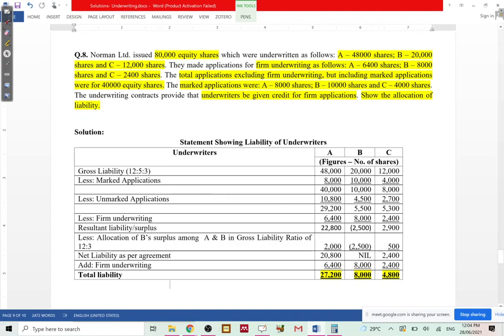That's why we minus it individually from their liability instead of mixing it all up with the unmarked applications and then redistributing in the gross liability ratio. Is this clear to you? This problem is a simple one. It does not require any commission calculation or amounts to be received. However, you may have similar problems wherein both the statements are asked along with the journal entries.